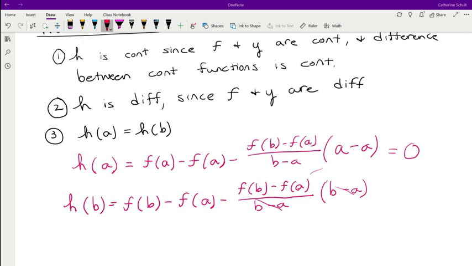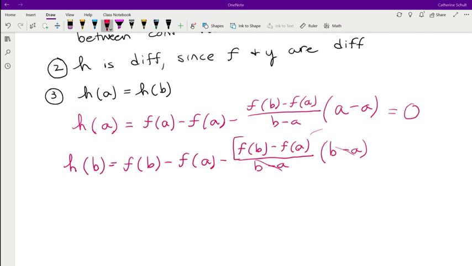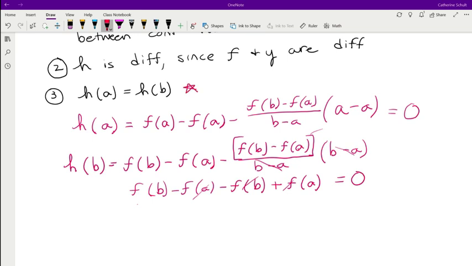Remember the numerator's in parentheses, so it's going to be f of b minus, excuse me, f of b minus f of b. And then negative, a minus minus becomes plus. So negative f of a plus f of a. And again, that all becomes 0. All right, again, parentheses are important. We don't want to just subtract the first part of the numerator. We want to subtract the entire numerator. And everything cancels. All right, so again, this shows that h of a is equal to h of b.